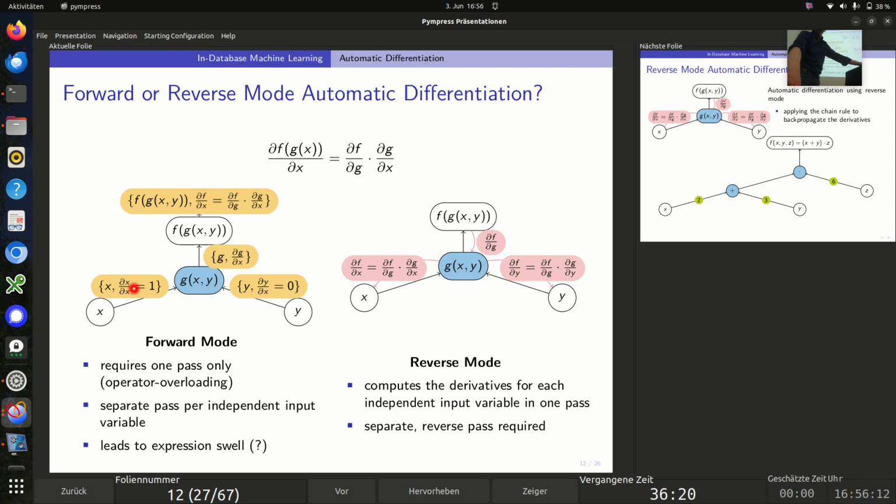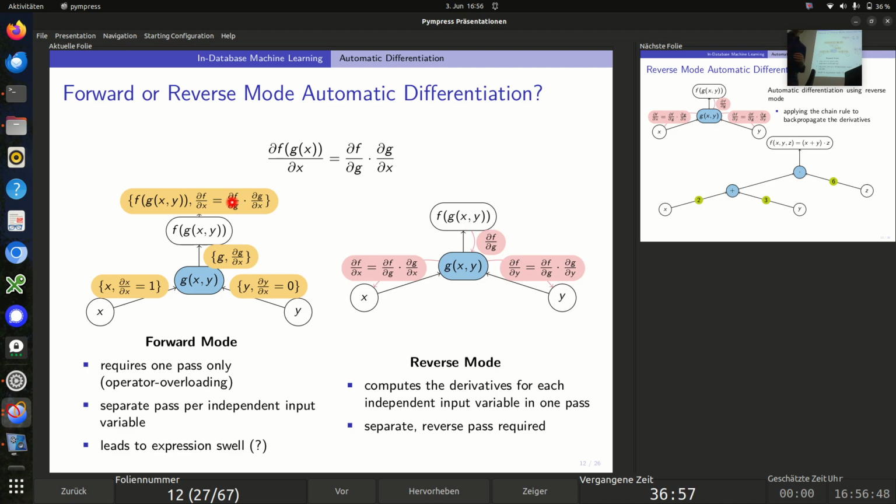So we start with the partial expression x, so the partial derivative of x with regard to x is 1. And then we have to propagate this, now here belongs the derivative of g with regard to x, and then we can reuse this term. Here you can see we reused it for the whole derivative. So f with regard to x is the derivative of f with regard to g times g with regard to x. So that's forward mode.